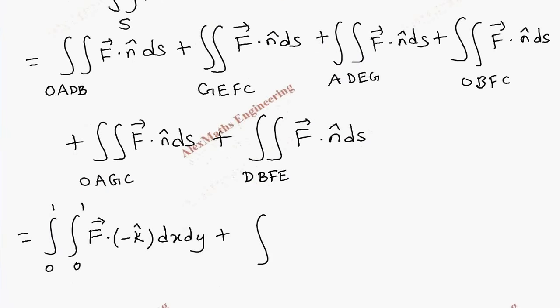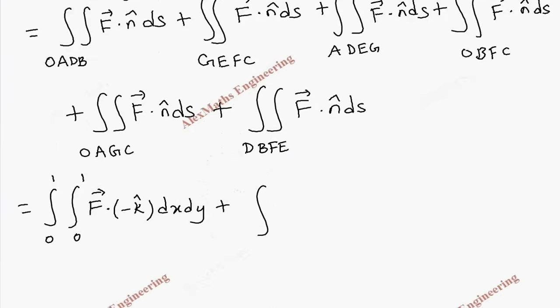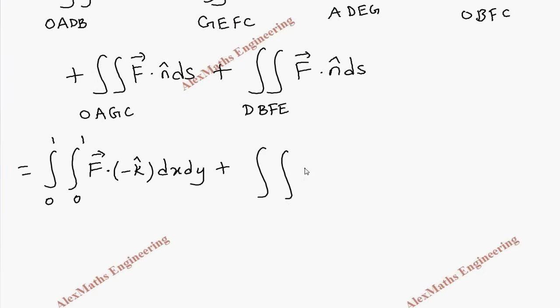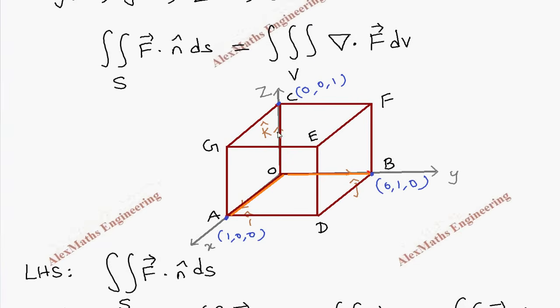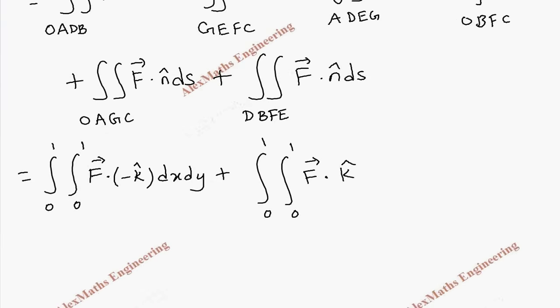Let's write it here, that is GEFC double integral, and this limit is from 0 to 1, f vector dot k cap, and once again we have the x value and y value, we don't have a z value. I can show it in the diagram. This is our x value and this is our y value. So again this will be dx into dy.